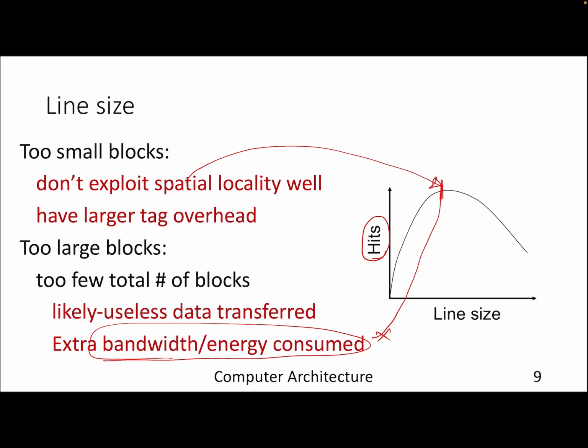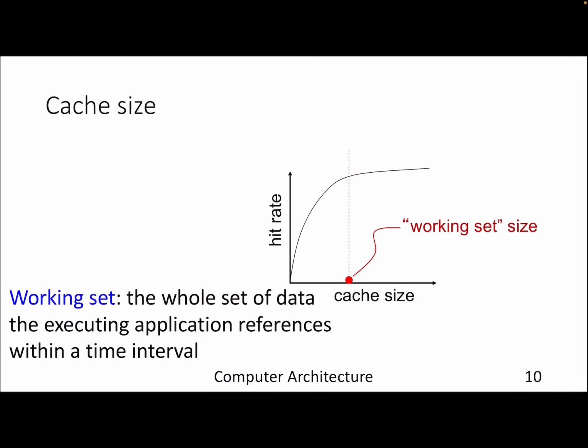So you can't have a small block or a small line, because that will affect your locality and other things. You can't have a large block either, because that will affect the bandwidth and energy consumption. So you need a sweet spot that you have to determine empirically for a set of workloads that you are interested in. Similarly, cache size depends on the application that you are using.